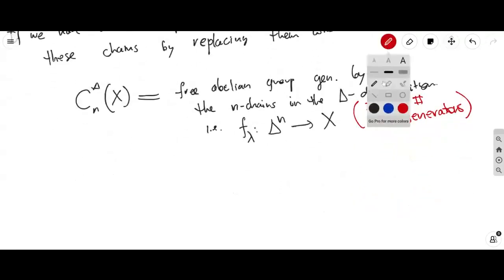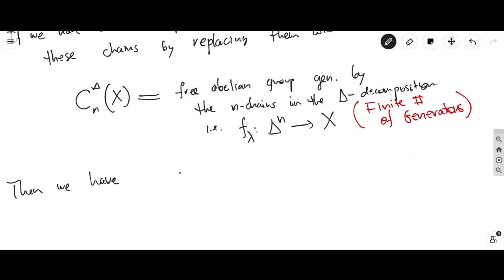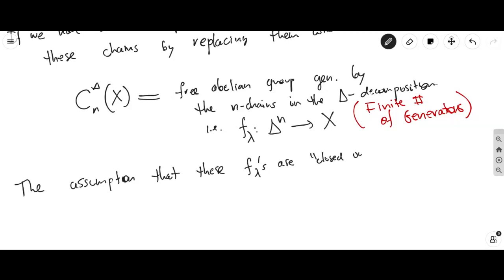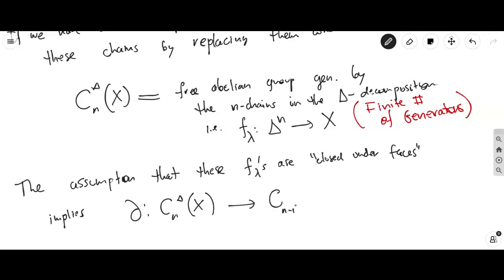Now, the assumption that these maps, f lambdas, are closed under faces implies that the boundary map takes n chains in your delta decomposition and assigns n-1 chains in the decomposition.